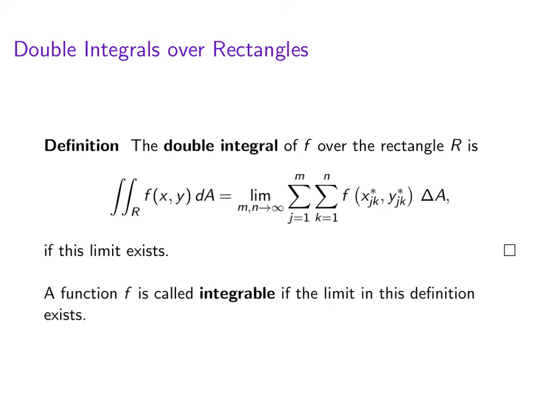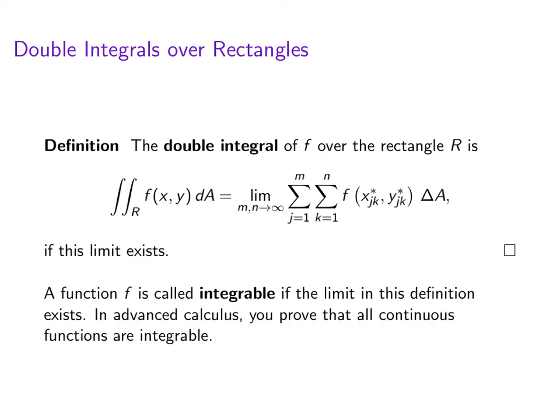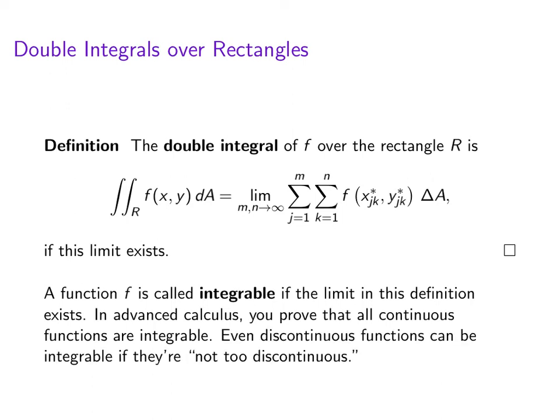And we're going to say that a function is called integrable if this limit exists. One of the things you do in advanced calculus is you prove that all continuous functions are integrable. Now, even discontinuous functions can be integrable as long as they're not too discontinuous.